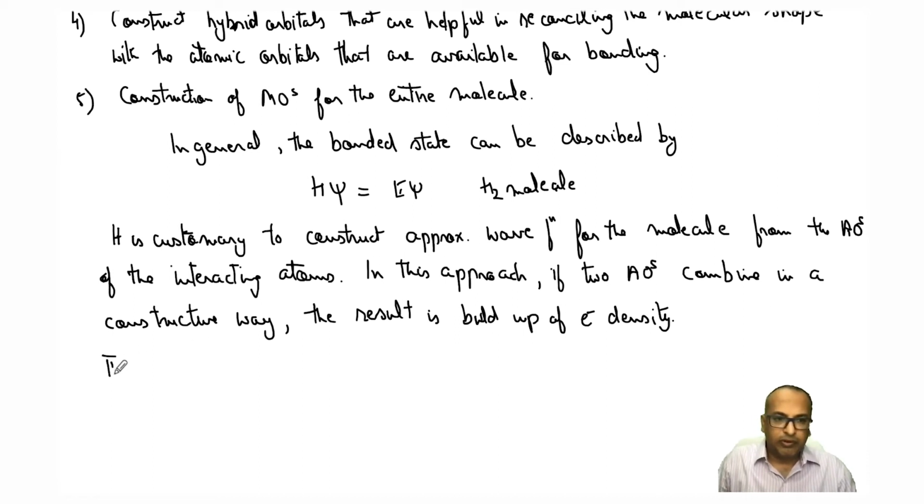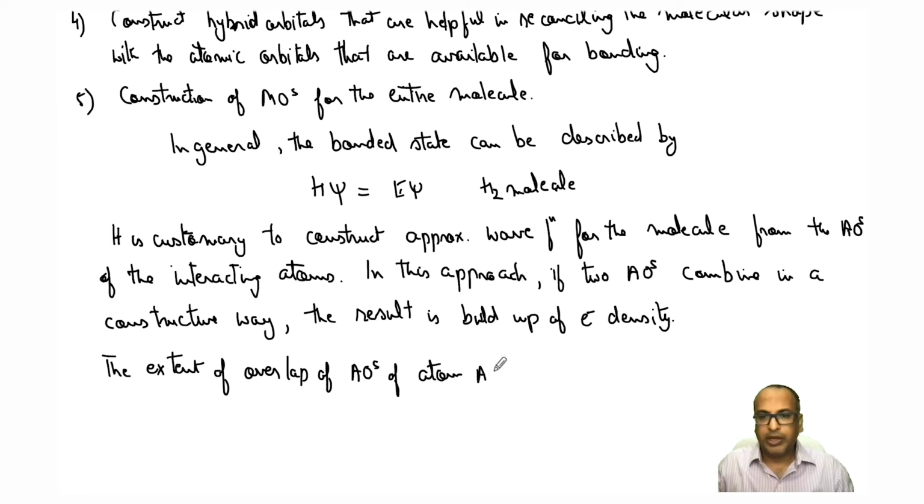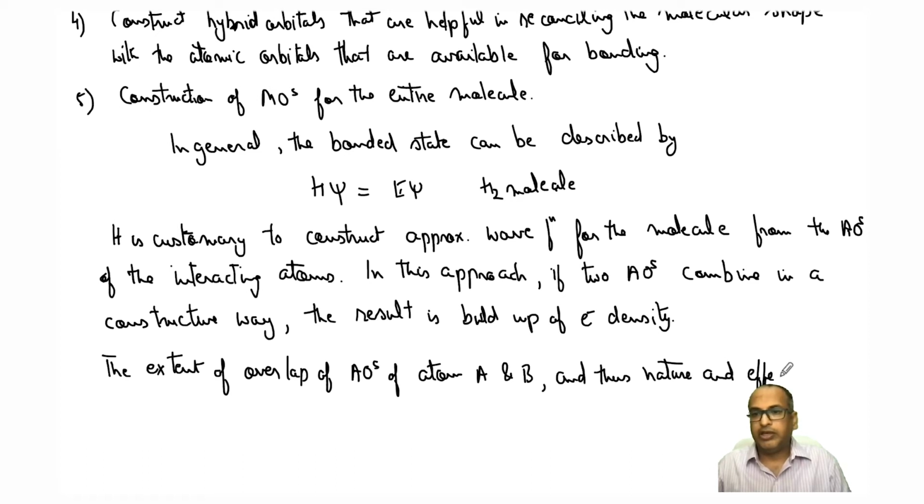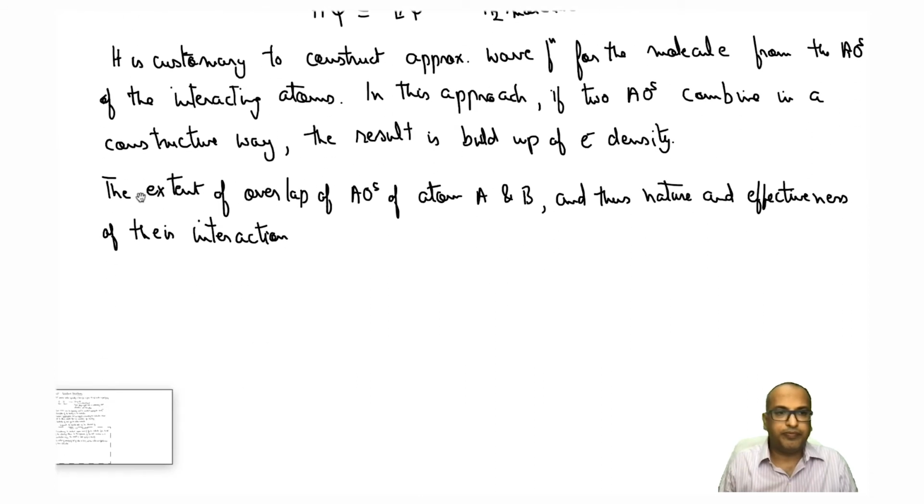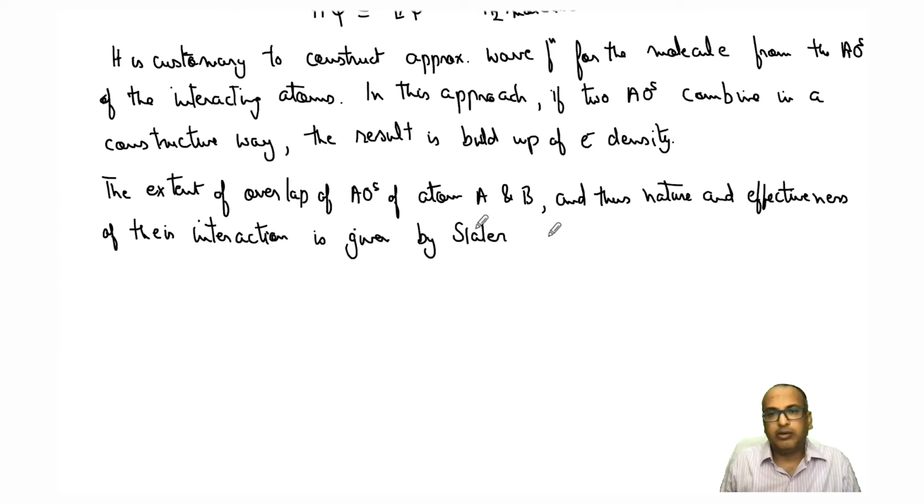So the extent of overlap of the atomic orbitals of, let's say, atoms A and B determines the nature and effectiveness, or the strength, of their interaction, and it is given by the Slater overlap integral.